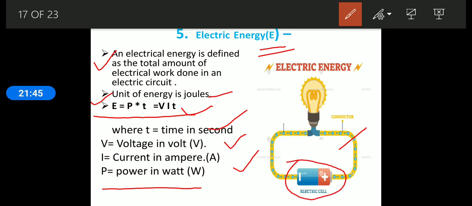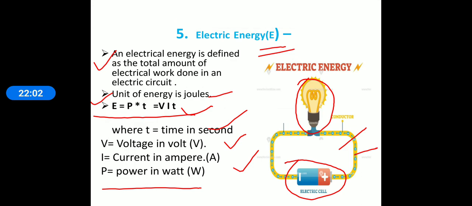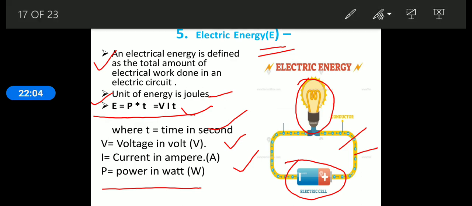This is the external DC source applied to the load, and this is the wire, and through this wire current flows. That is, this load requires voltage and current to operate, to work.